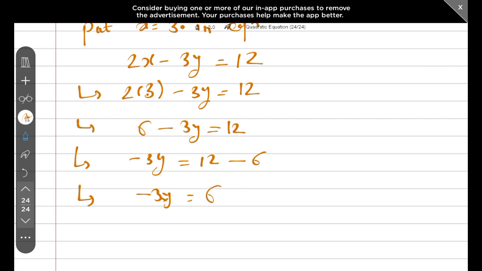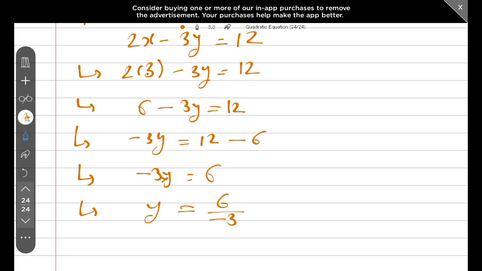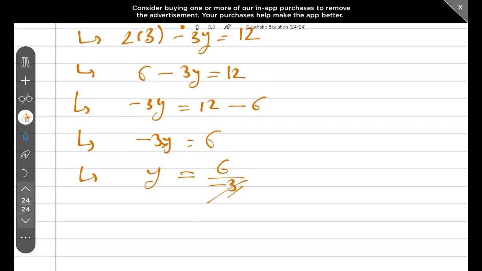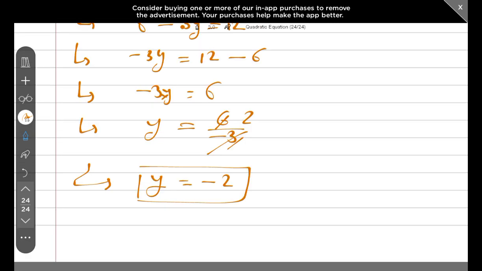Now send this minus 3 to the other side. So I will get y is equal to 6 divided by minus 3. 3 ones are 3, 3 twos are 6. So finally I get y is equal to how much? Minus 2.